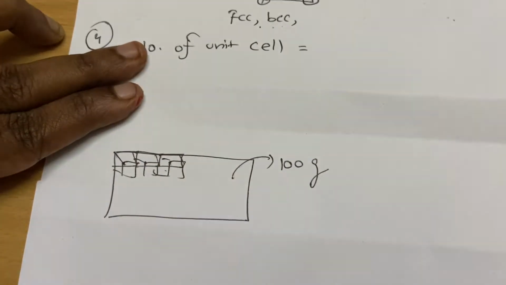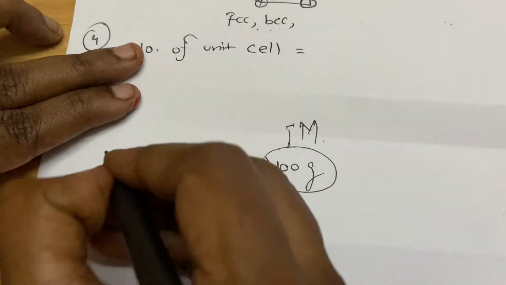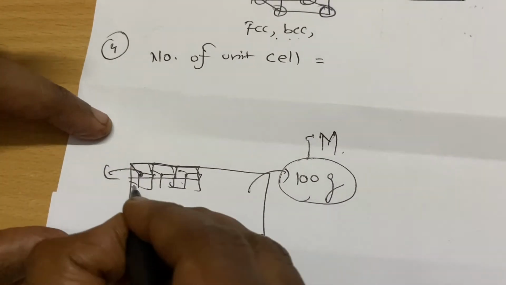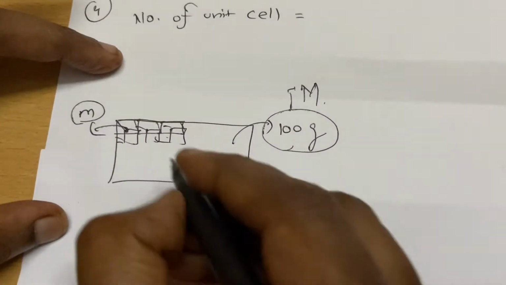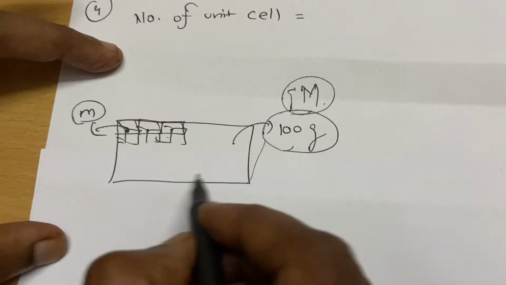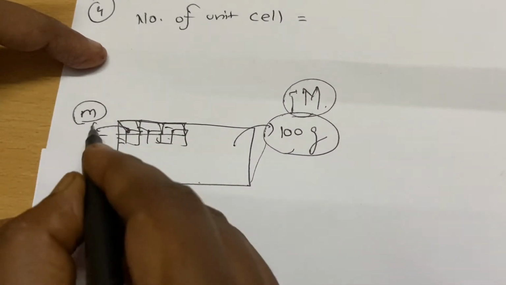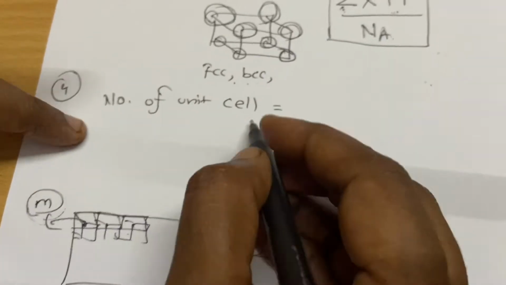They are asking the number of unit cells. The given mass is represented by capital M. What is the mass of a single unit cell? It is small m. If you divide the total given mass of the element by the mass of a unit cell, you will get the number of unit cells.